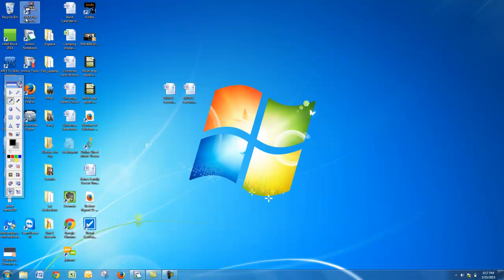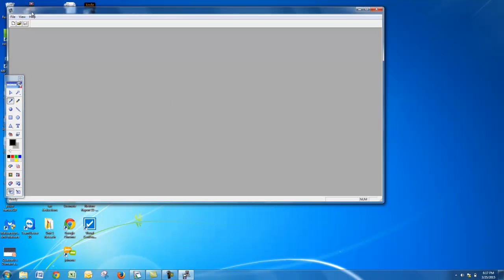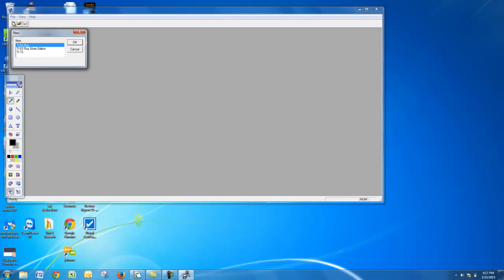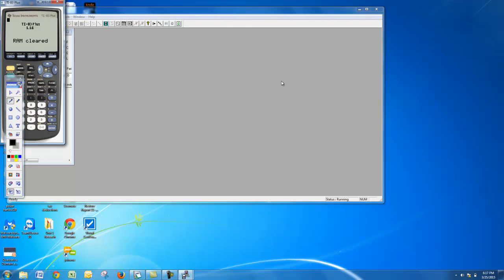Sorry about this, guys. All right, so I'm going to open up the calculator. So this is good to show you guys after you download it what you have to do to use it. You're going to click on File and New, choose TI-83 Plus, and then click on Debug and Go, and it'll bring up a copy of the calculator.